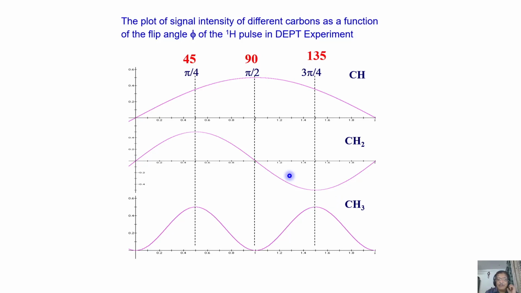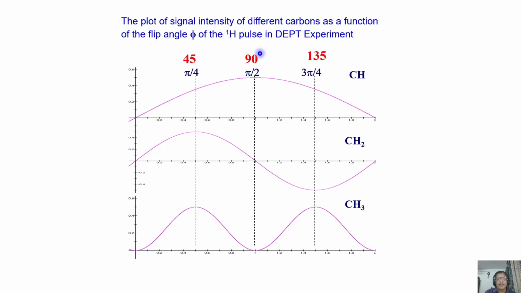It is called DEPT 45, DEPT 90, and DEPT 135 experiment. When you do DEPT 135, simply look at the peaks with negative intensity. They all correspond to carbons attached to two protons. These are CH2 carbons.